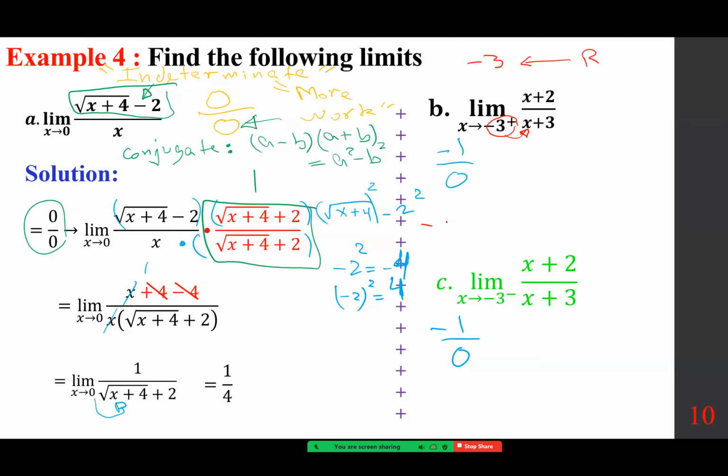So if you put negative 2.9, and for the denominator as it's added to 3, you get positive 0.1. And so this is negative 1 over 0 from the right. Please understand the meaning of this. This means somewhere on the right side.